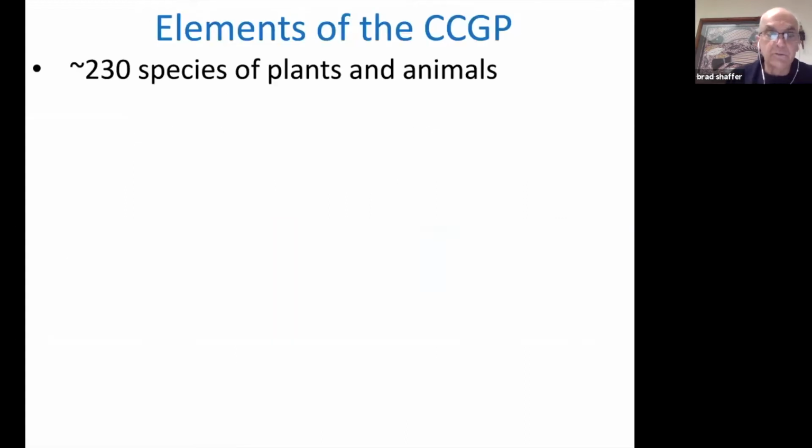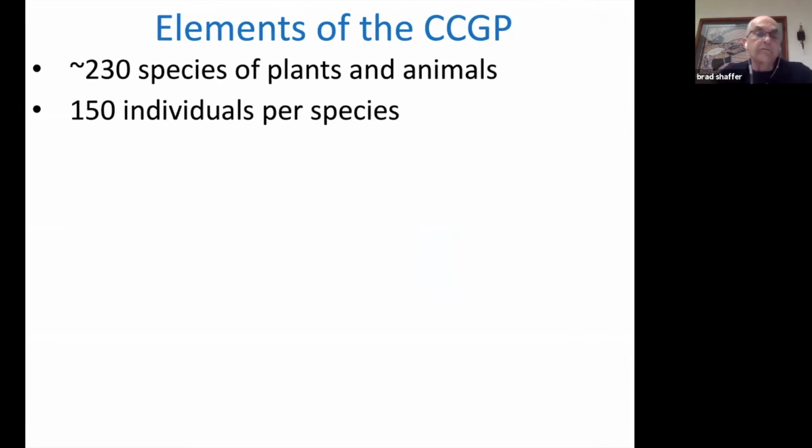So the elements of the CCGP, as it stands right now: about 230 species of plants and animals, but that comes out to about 130 projects, because some projects have more than one species. They have a couple of closely related sister species.